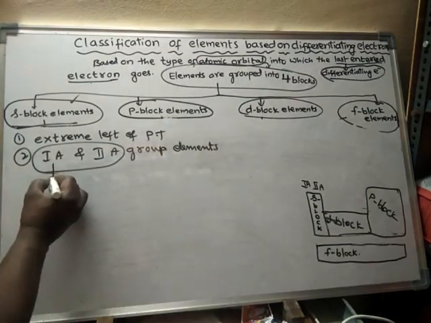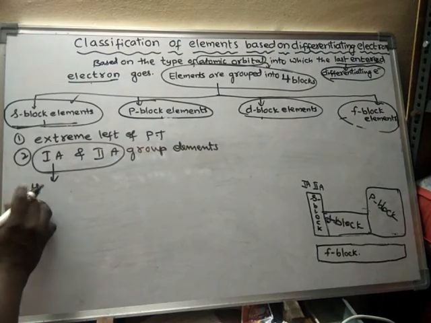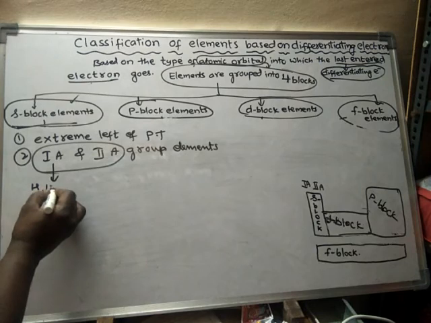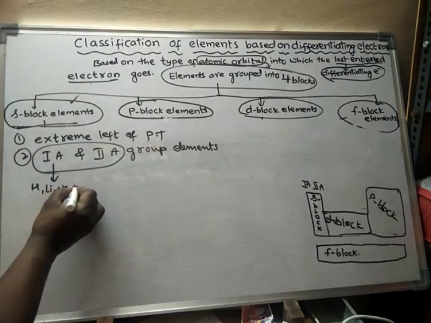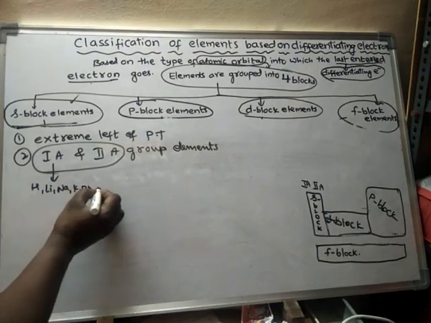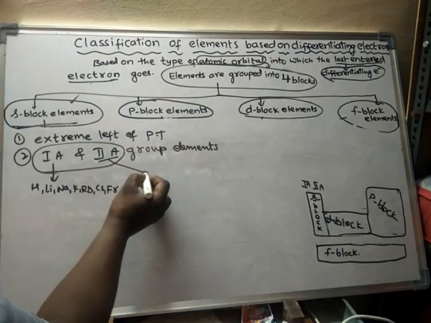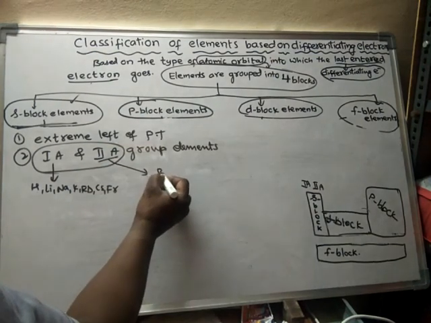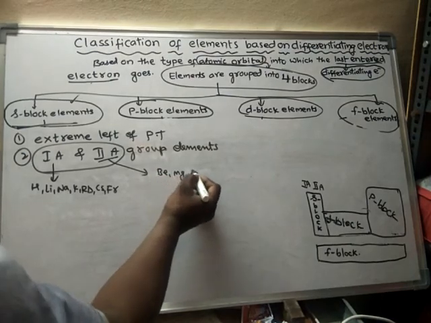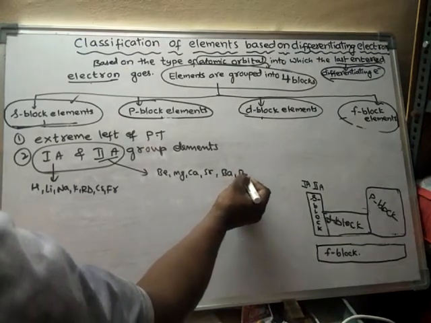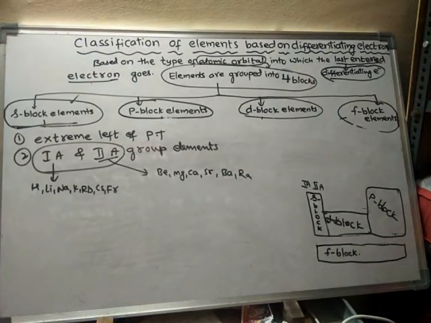What are first A group elements? Hydrogen, lithium, sodium, potassium, rubidium, cesium, francium. What are second A group elements? Beryllium, magnesium, calcium, strontium, barium, radium.